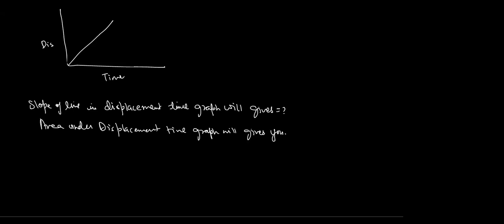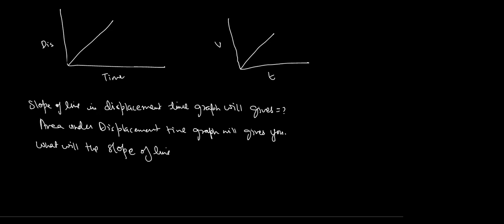Another example I'm taking here is the VT graph. What will the slope of the line in a VT graph give you?